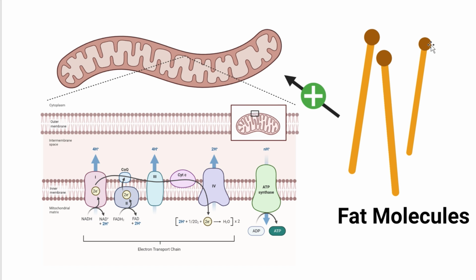The point is that an increase in fat molecules around the mitochondrion or within the cell in general leads to greater fusion levels, so greater amounts of these larger mitochondria. Now, why might that be the case? It's postulated that that's because the mitochondrion, or the cell in general, is trying to increase the amount of these proteins here, known as the electron transport chain.